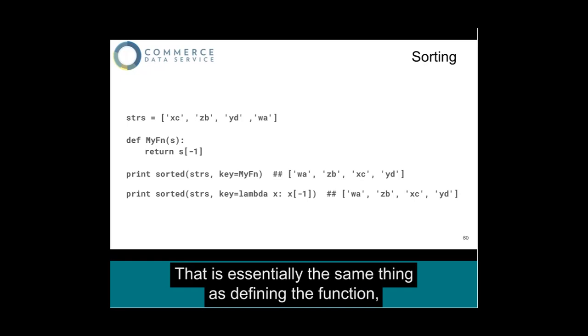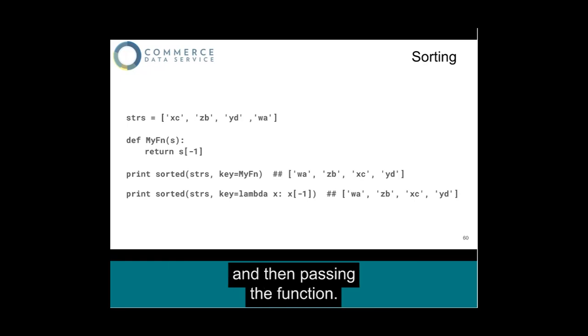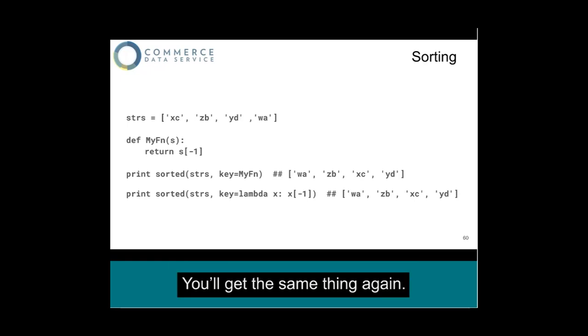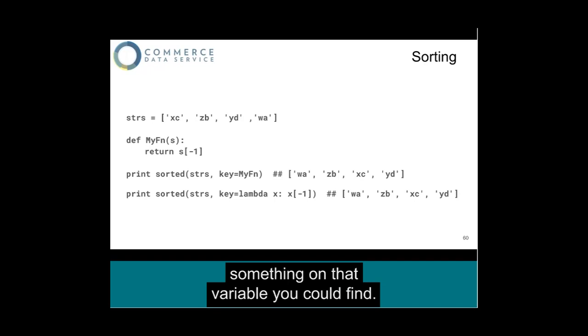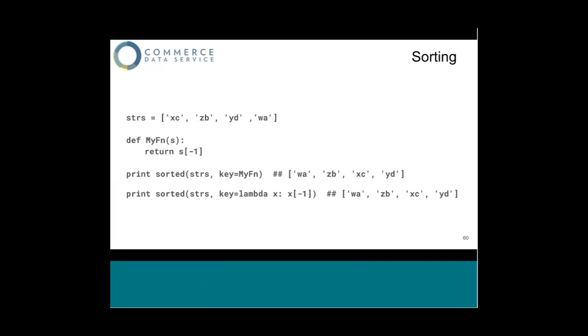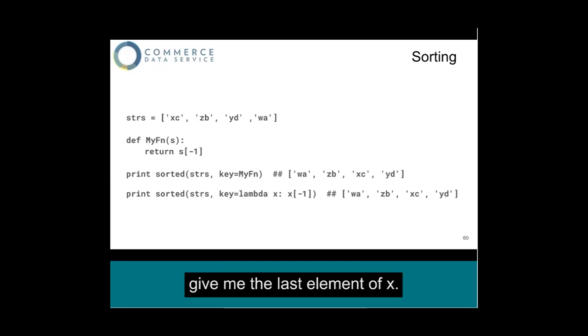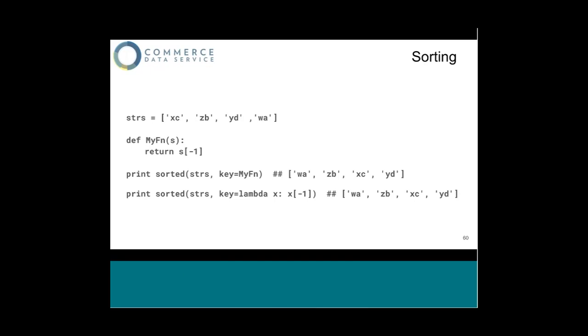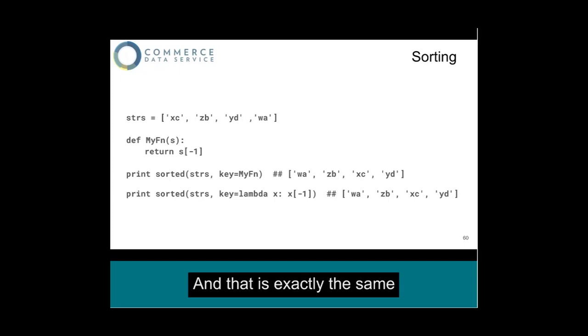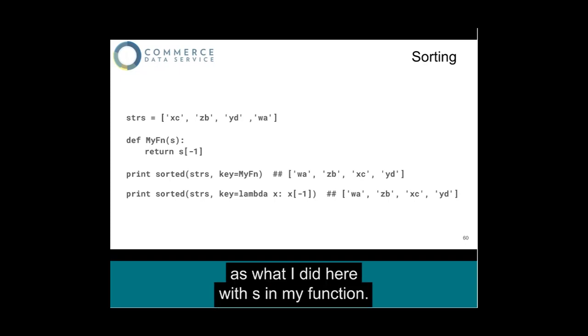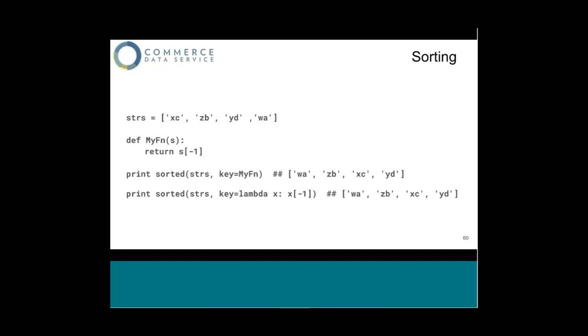That is essentially the same thing as defining the function and then passing the function. You will get the same thing again. So the way lambda works is you say lambda x colon, or lambda whatever colon, and then something on that variable you defined. So here I'm saying lambda x, given x, give me the last element of x. And that is exactly the same as what I did here with s in my function.